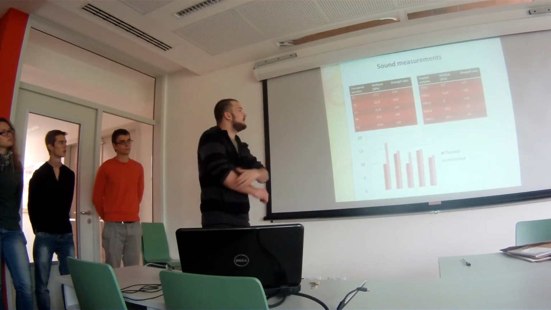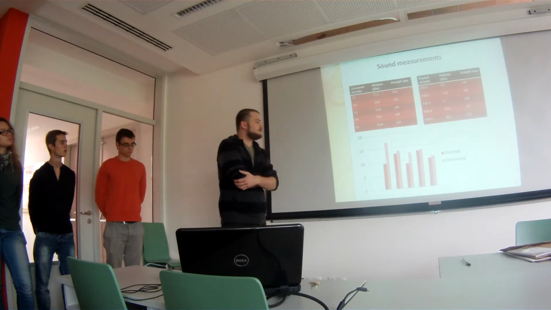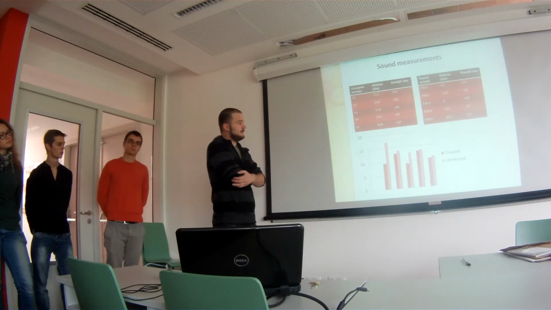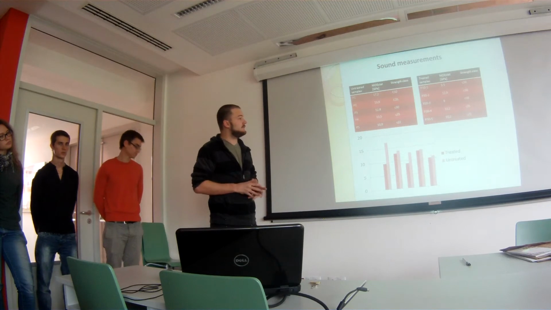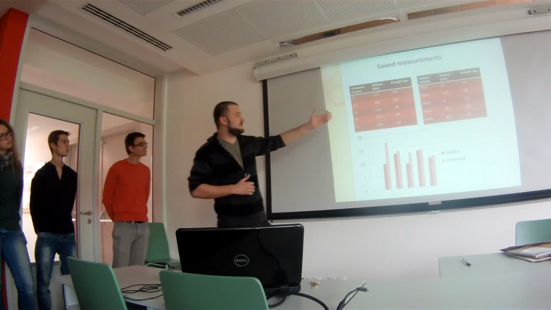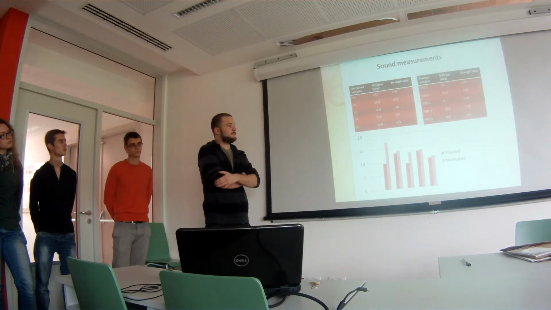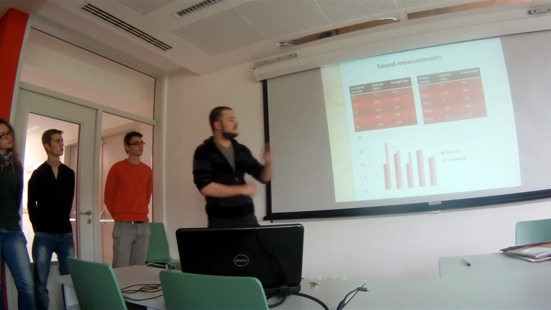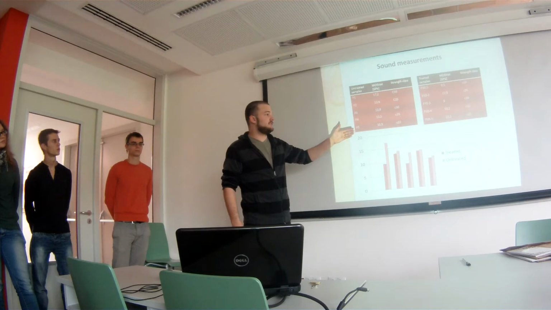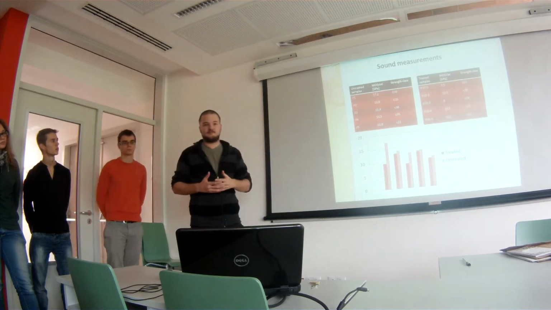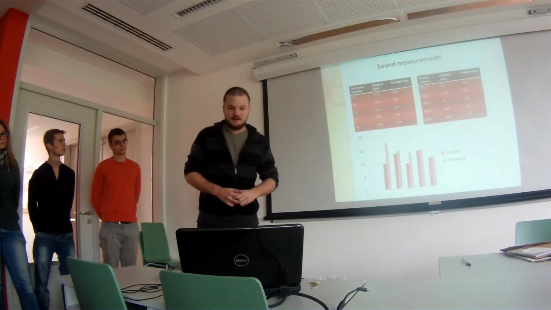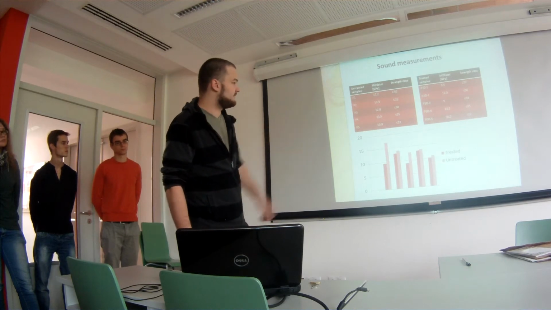Sound measurements. Okay, in sound measurements we determine the strength classes of the specimens and the species, and we can clearly see that in this case also the quality has decreased. We can see it in the diagram.